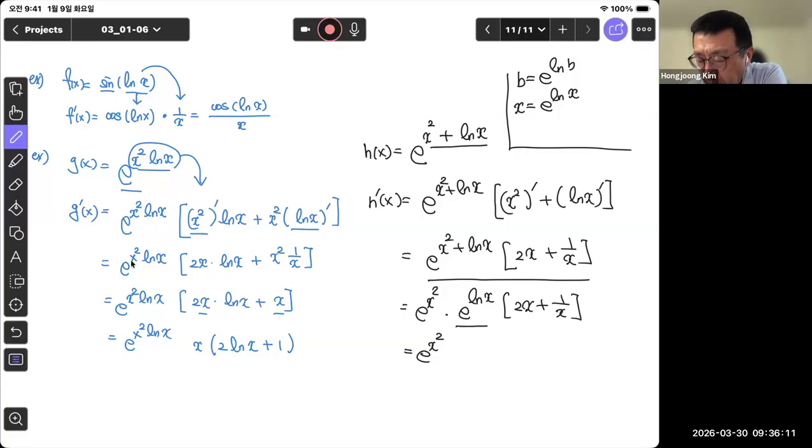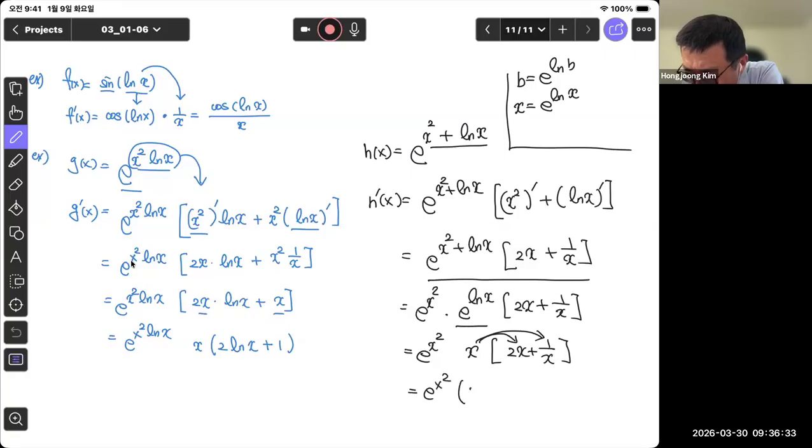So if I use that formula, then e to the ln x is just x. And then if I multiply x to these two terms inside the bracket, you get 2x squared plus 1.